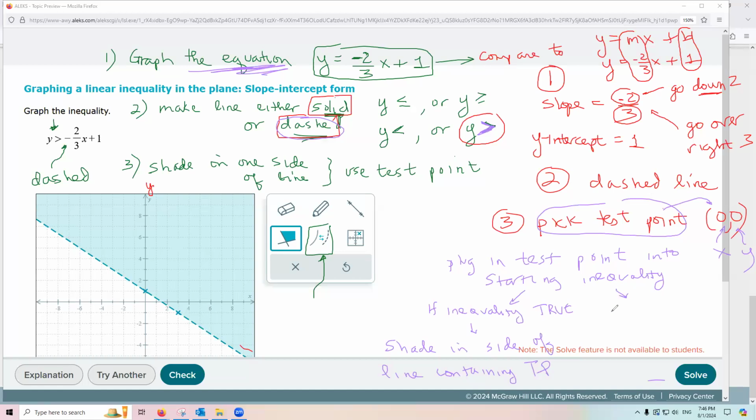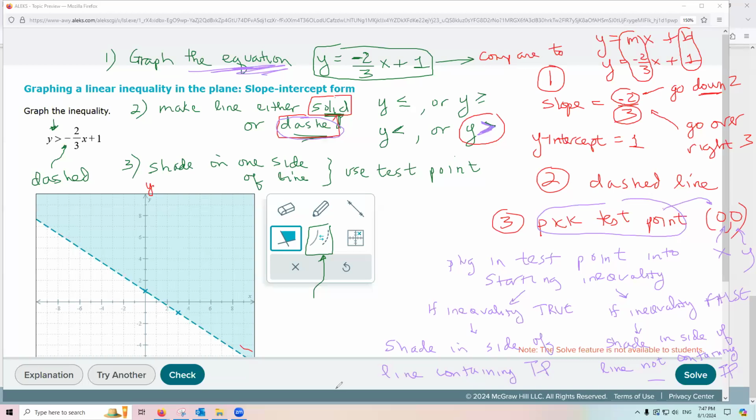But what if the inequality is false? Well, if the inequality is false, you shade in the other side of the line, the side not containing the test point. All right, so that was the method to graph one inequality.